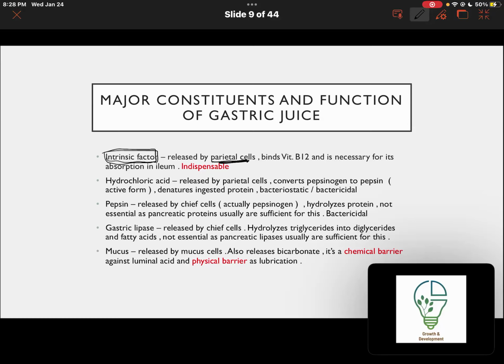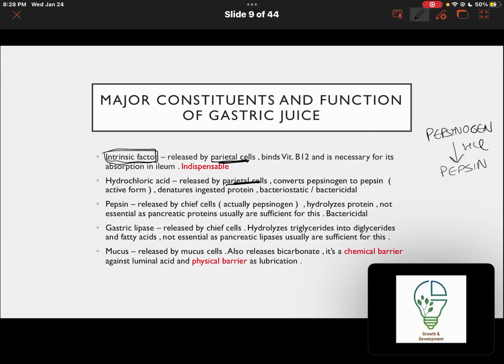Then we have the hydrochloric acid, which is also released by parietal cells. So the parietal cells release intrinsic factor and hydrochloric acid. And as I said earlier, pepsinogen is the inactive form of pepsin. So pepsinogen is converted into pepsin by HCl, which is acidic.